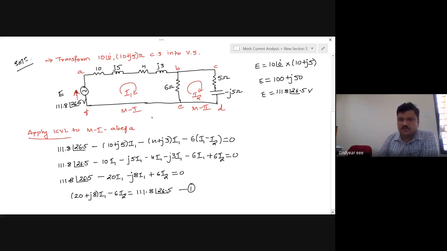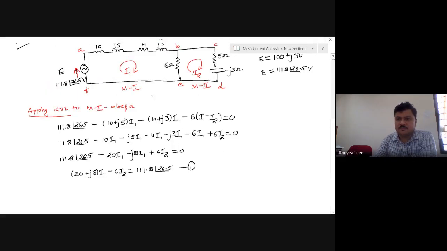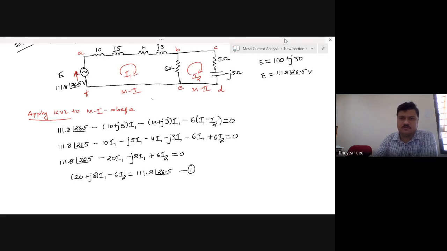Similarly, now I should write KVL for mesh 2: B, C, D, E, B. There is no voltage source in mesh 2, so the RHS will automatically be 0.